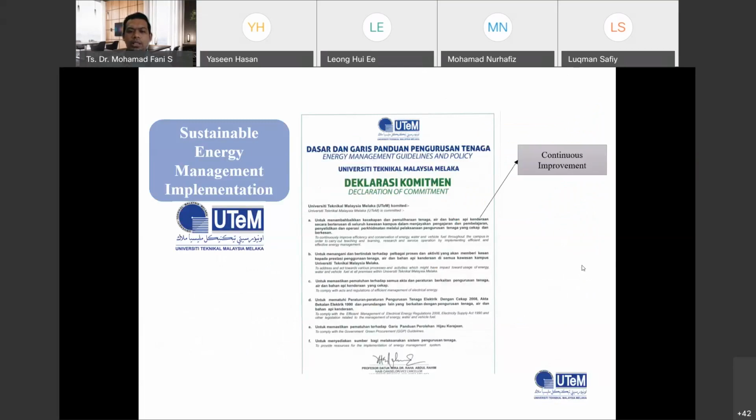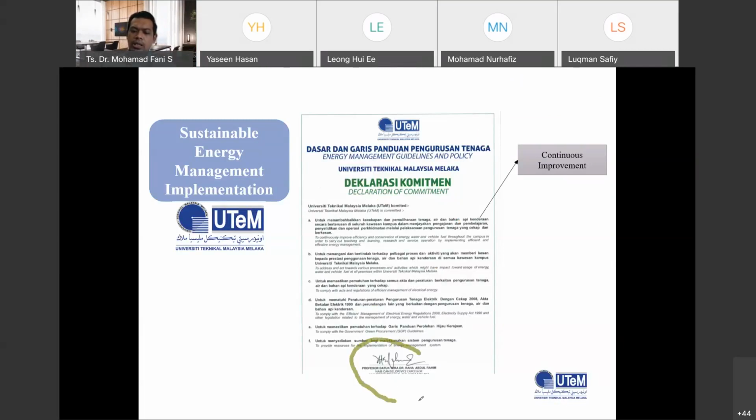This one is the energy policy for UTM. Remember that we have two kinds of energy policy. Part one is one page, the commitment from the top management, and must be signed by the top management.